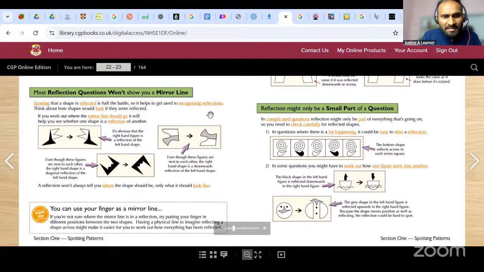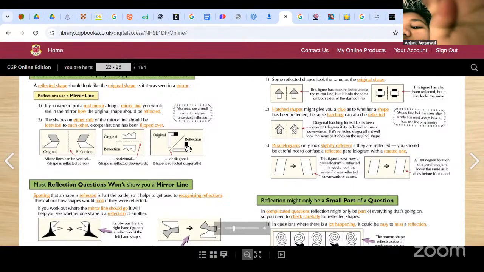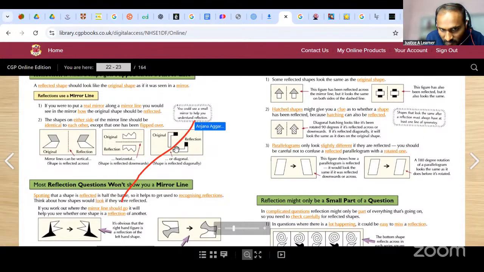And even in this case, you were not able to understand it. Now, are you able to understand this case? This is just flipping. The mirror is in between. Where is the mirror? This is the mirror. The mirror is not like this. What if I say the mirror was here, like this?